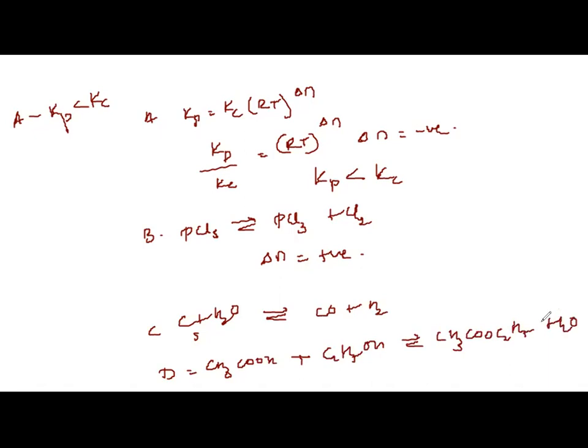So if you look at option B, delta N is positive, which means delta N is more than 0. Then for option C, C plus H2O, how much is delta N? Rest all are gases. So delta N is 2 minus 1, that is equal to 1.